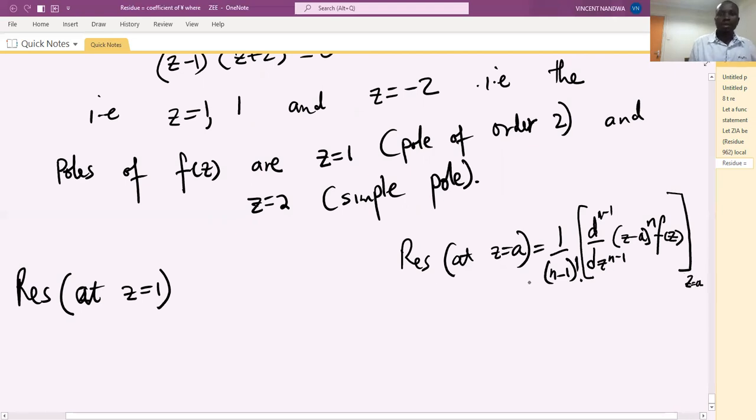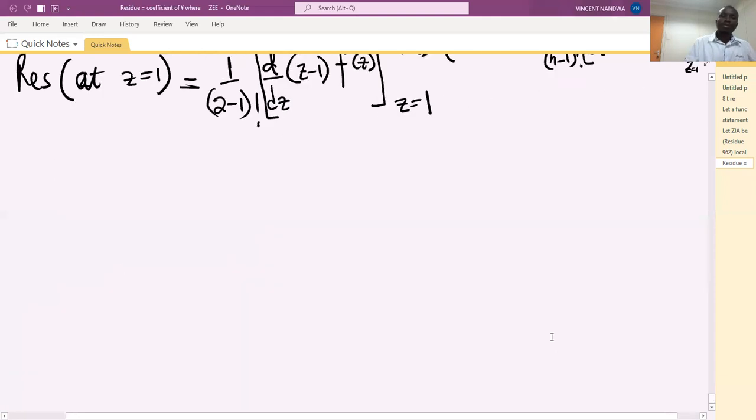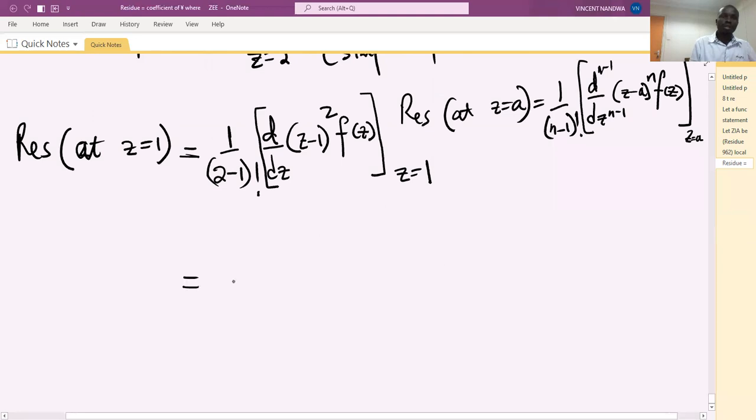So our n is 2, so the residue at z equals 1 is now 1 over 2 minus 1 factorial. 2 minus 1 is just 1, so it is d/dz of z minus 1 squared times f of z, and then this is evaluated at z equals 1. 1 factorial is 1, so this is the same as d/dz of z minus 1 squared times f of z, where f of z is z squared over z minus 1 squared times z plus 2.